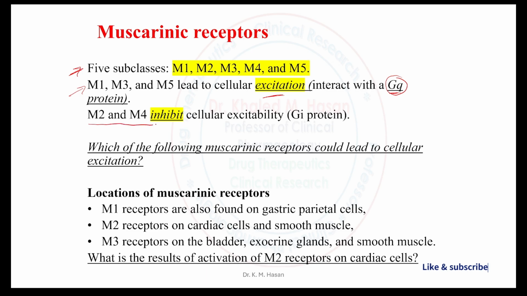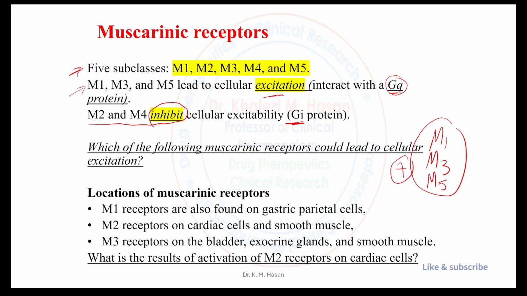M2 and M4 lead to the inhibitory effect through the Gi protein. Okay, the question now: which of the following muscarinic receptors could lead to cellular excitation? The answer is M1, M3, and M5 muscarinic receptors. If you activate these receptors, the result will be an excitatory effect.